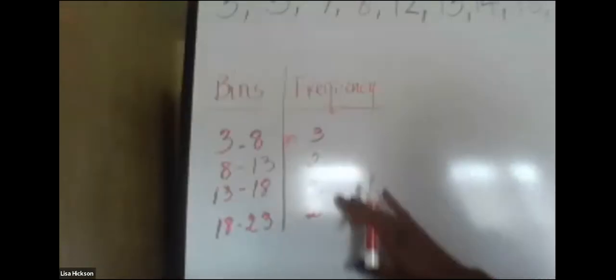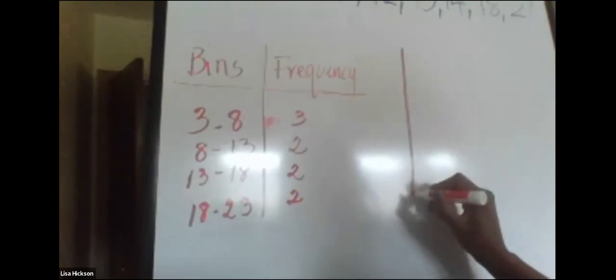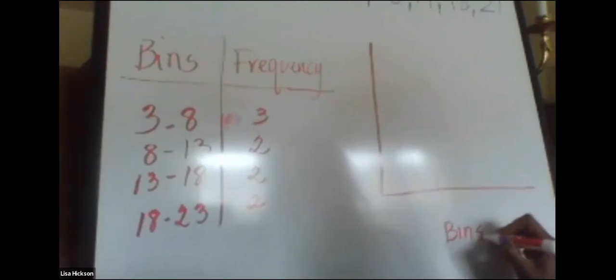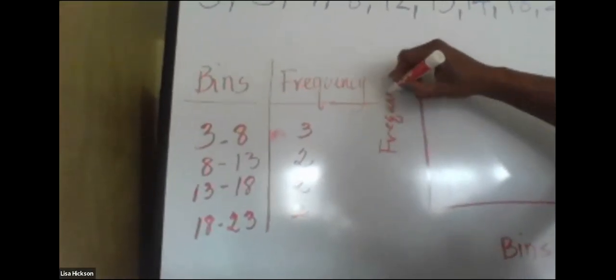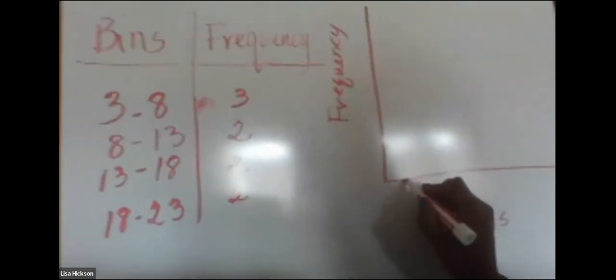So here are our bins. Now remember, across the bottom we'll have our bins, and up the side we'll have our frequencies. Our bins don't start at 0, they start at 3.